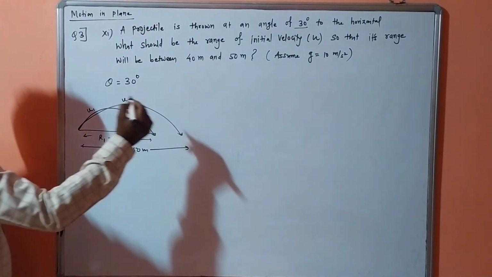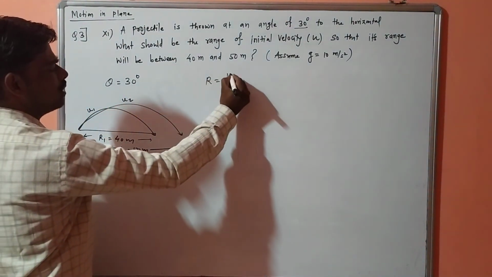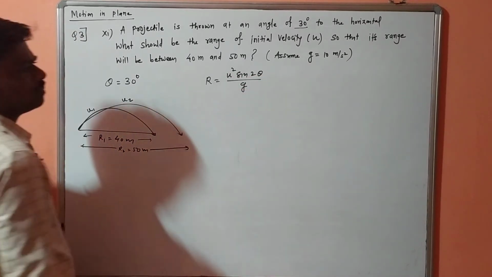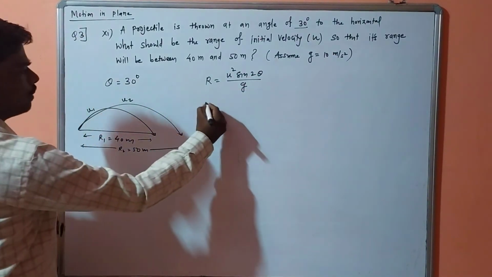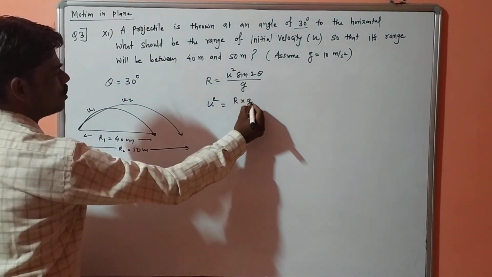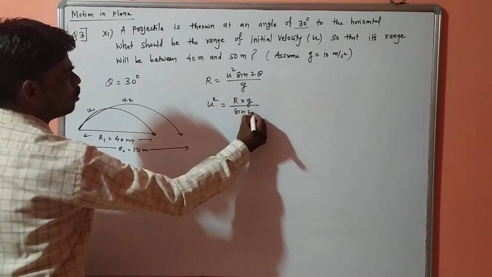So velocity of projection is different for these two different ranges. We know that the formula for range is u square sine 2 theta by g. Then u square is equal to R into g upon sine 2 theta.